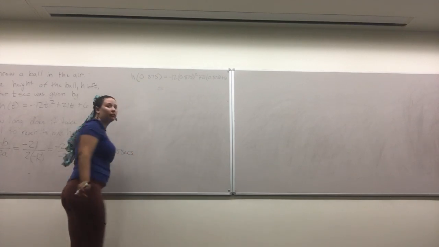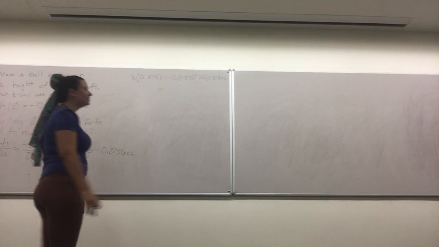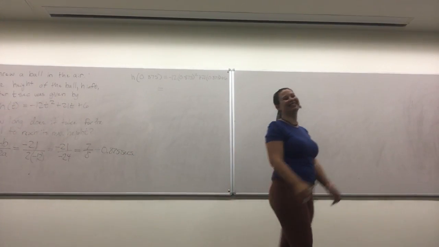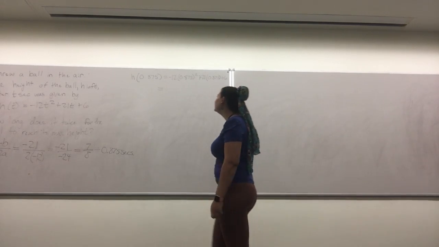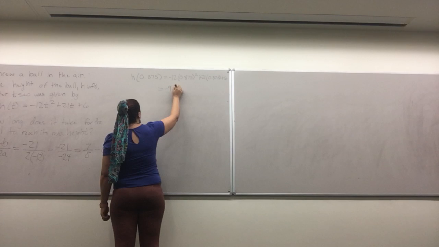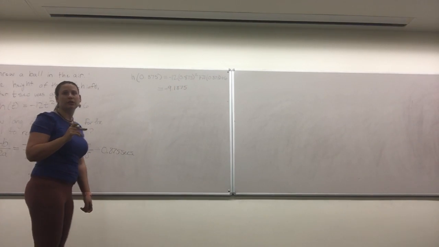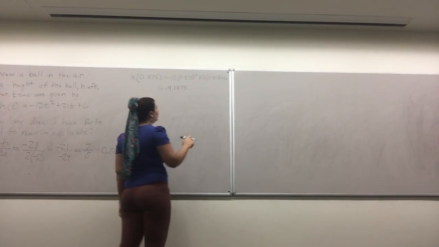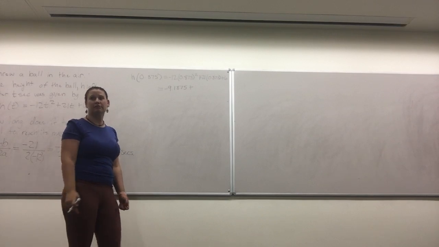Anybody bring their calculator to class? Yeah, but somebody's going to do it for me. Get you active. What's the first term? Negative 9.1875. Is that what you said? Do we agree? Yes?